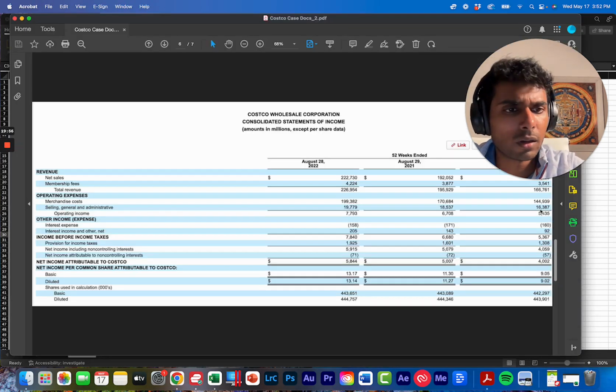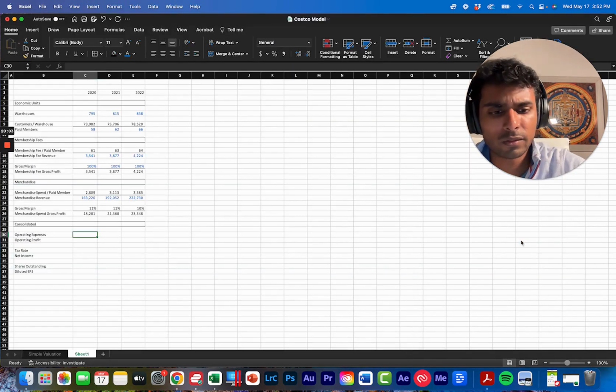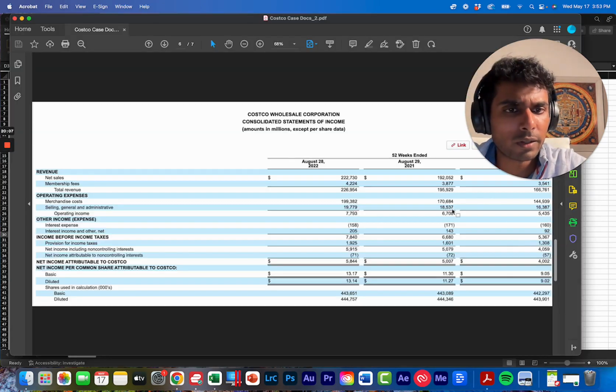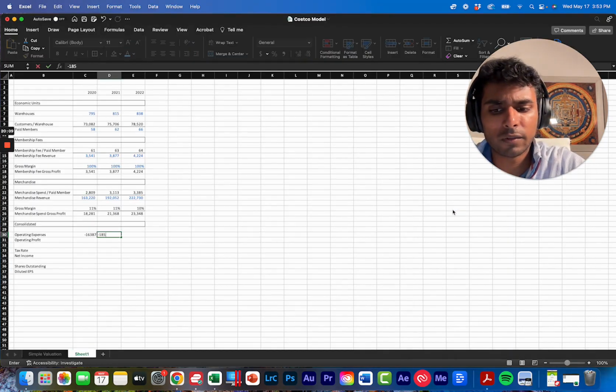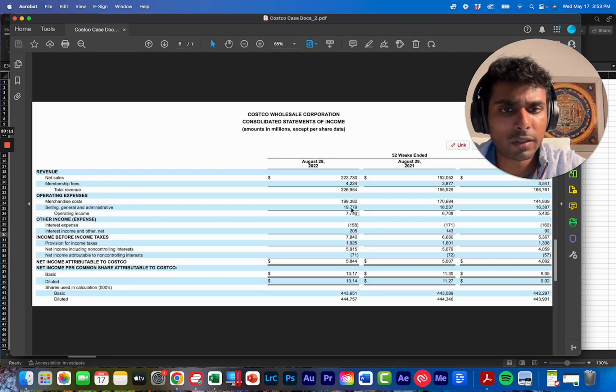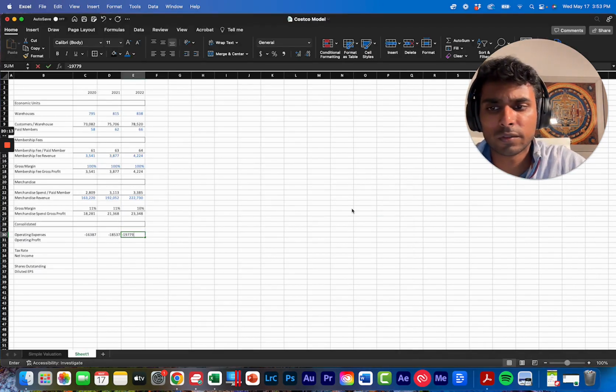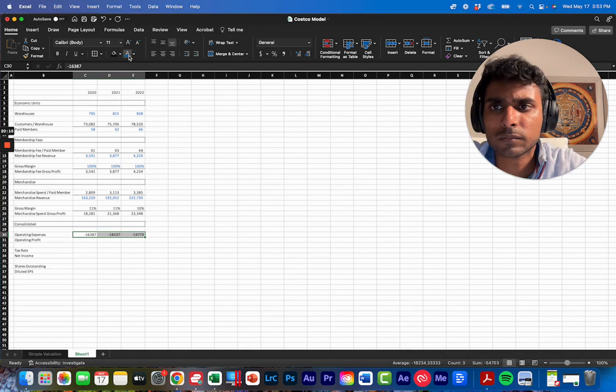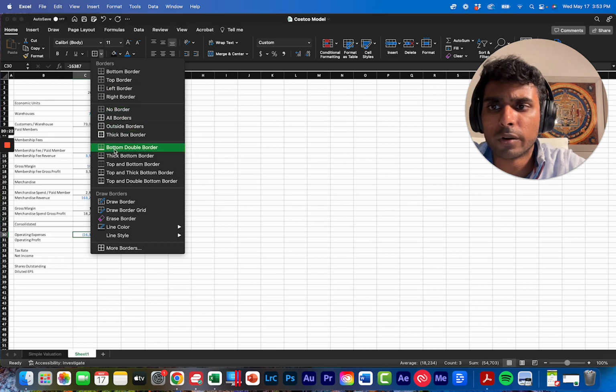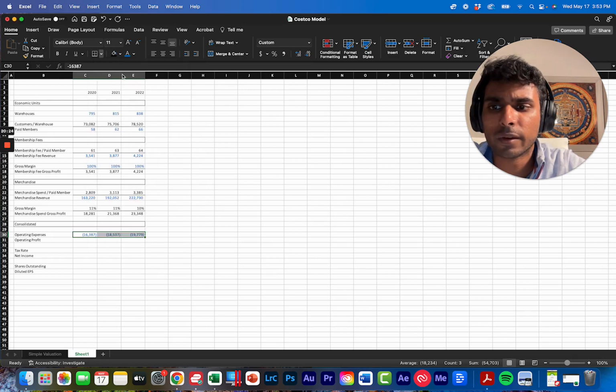So minus 16,387, minus 18,537, minus 19,779. Throw a little bottom border on here, but not the thick one.